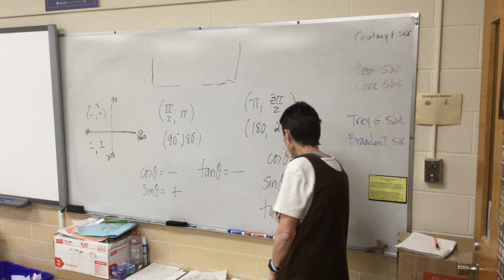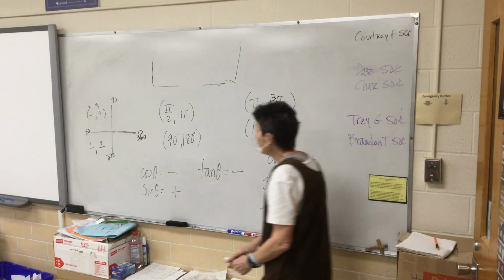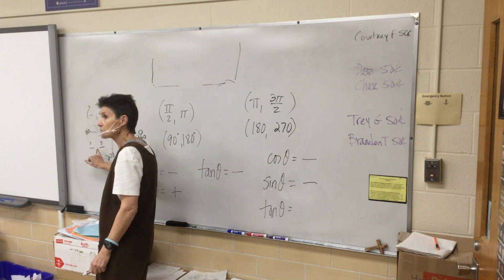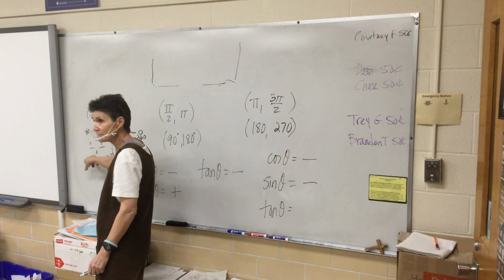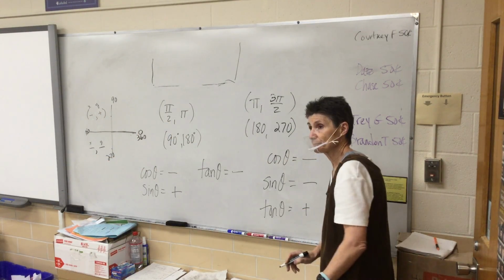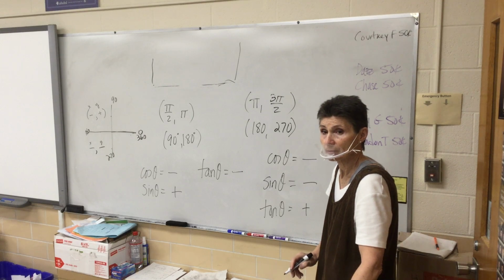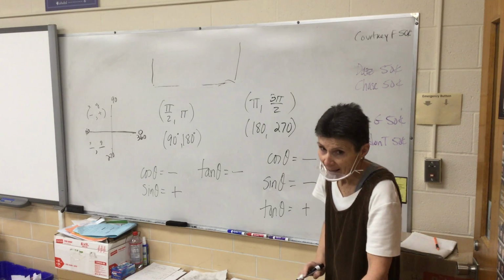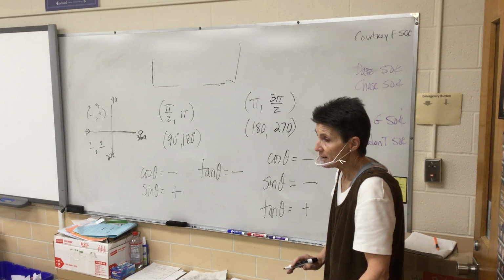And if we want to know about tangent, we put y over x. So negative over negative will be a positive. Not too bad.